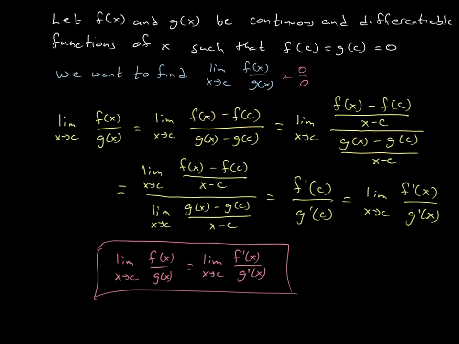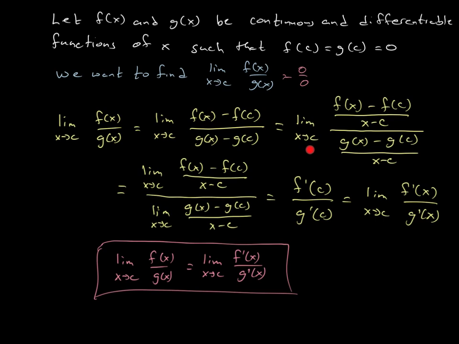I can also go through, and because we're taking the limit as x approaches c but not equal to c, I can divide or multiply, however you want to look at it. I can divide the numerator and denominator both by x minus c. That is not division by 0 because the limit is what happens as x approaches c but not equal to c.